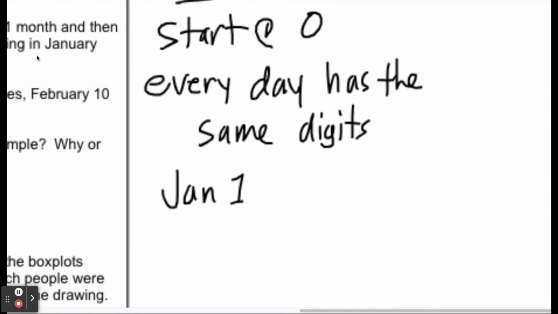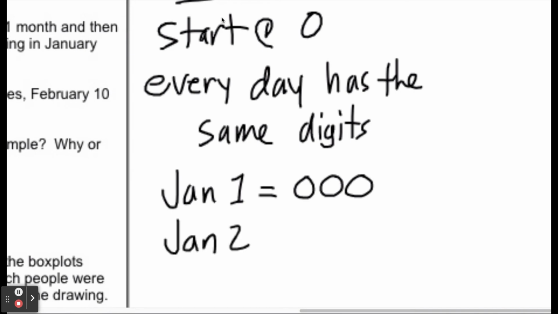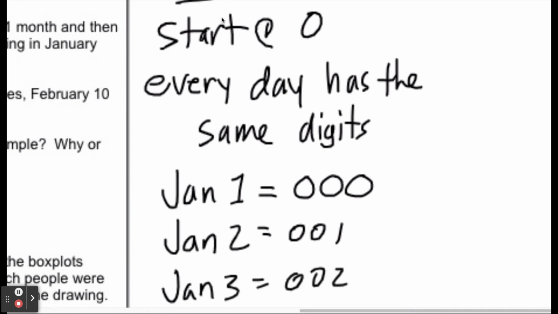So here's how you do that. You don't need to start at the number 100. Okay? What you do is you assign, because we just said you need to start at 0, January 1st the number 000. And then you assign January 2nd the number 001. You assign January 3rd 002, and so on until you get to the end of the year.